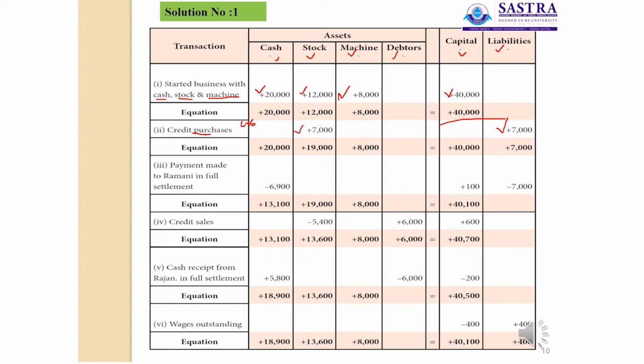Purchases relate to an asset, that is stock. So 12,000 plus 7,000, 19,000. The stock value increased by rupees 7,000. Here 40,000 plus 7,000, so totally 47,000. The total of the liability side is 47,000.